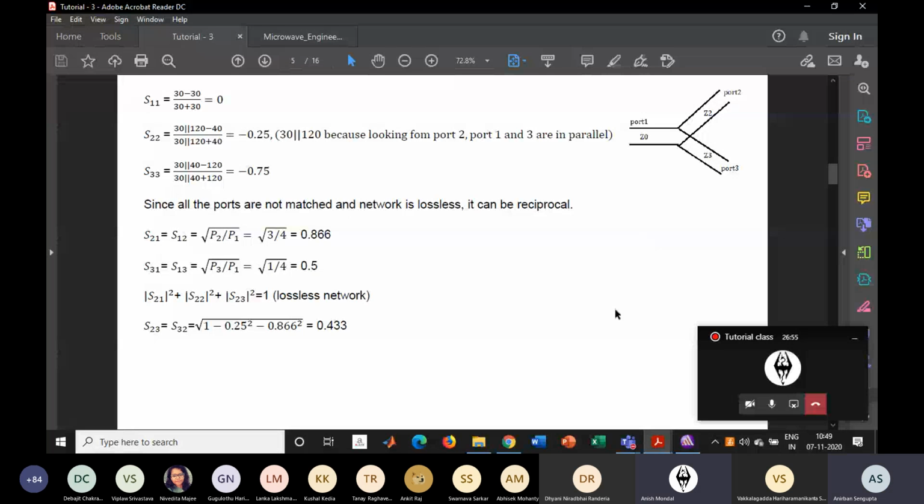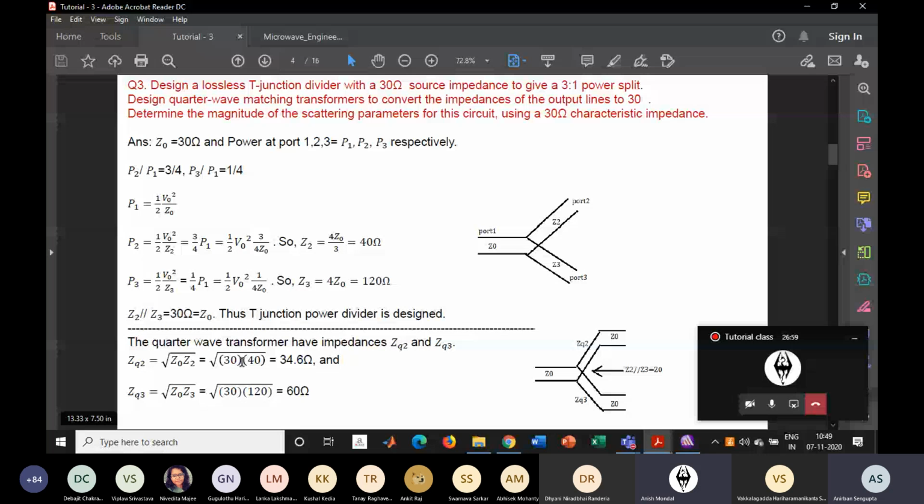Actually, there are two parts of this question. One part is that you are going to match these Z2 and Z3 to the 30 ohm. For that we need a quarter wave transformation. As it is shown in the design, a quarter wave matching transformer to convert the impedances. So if we use matching, then we have to include this quarter wave transformer.